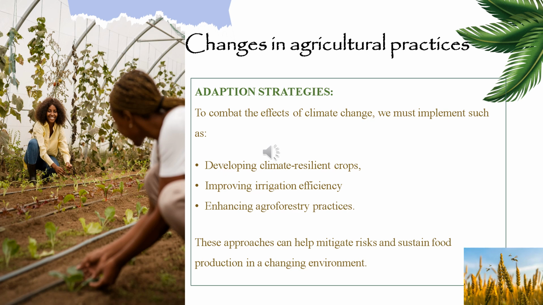Early planting. In regions with warmer temperatures and longer growing seasons, farmers plant crops earlier to avoid heat and drought stress. Delayed harvesting. In areas with changing weather patterns, delaying harvesting can improve crop quality and yield by allowing crops to mature under better conditions.